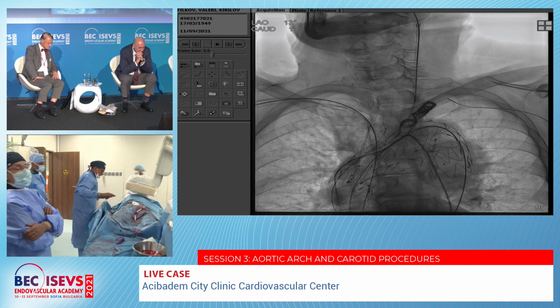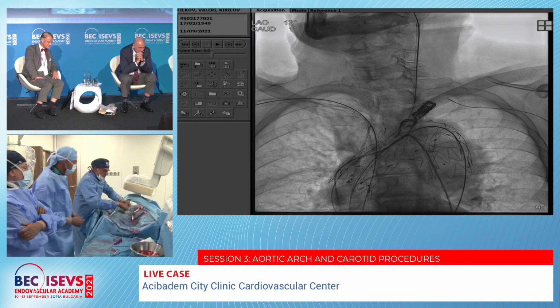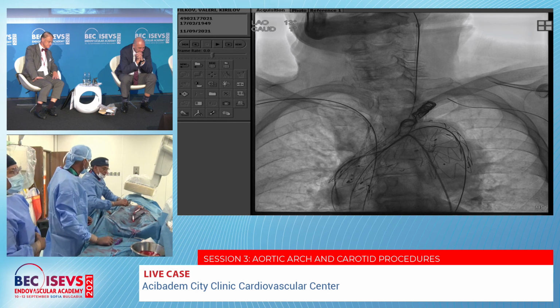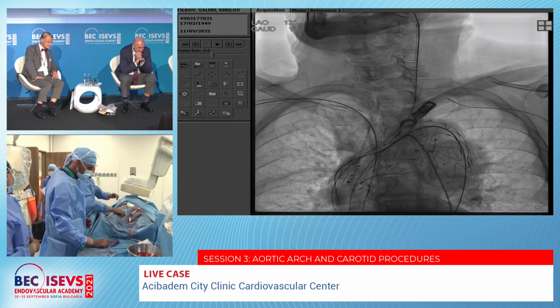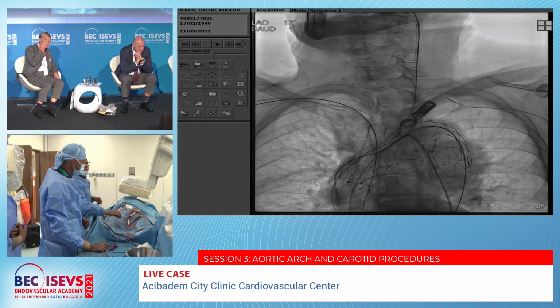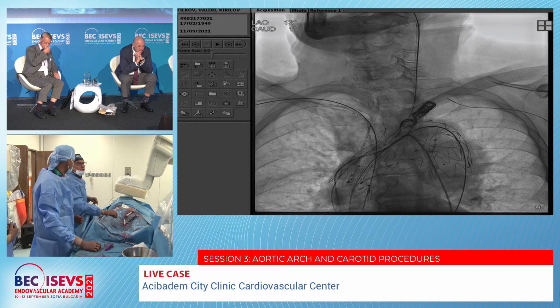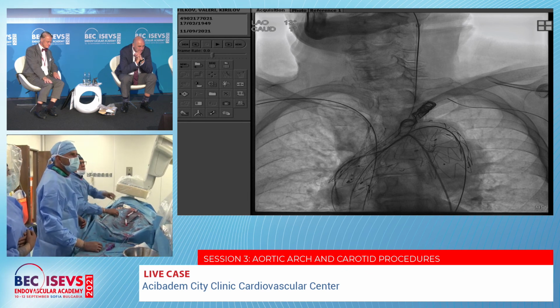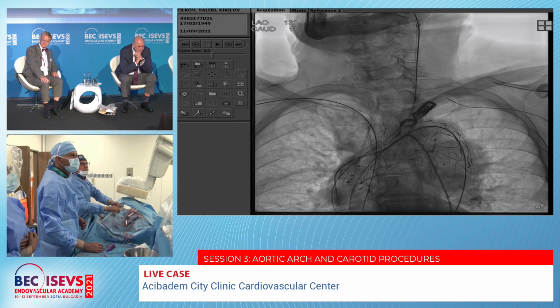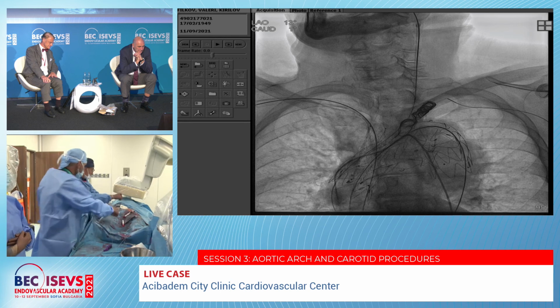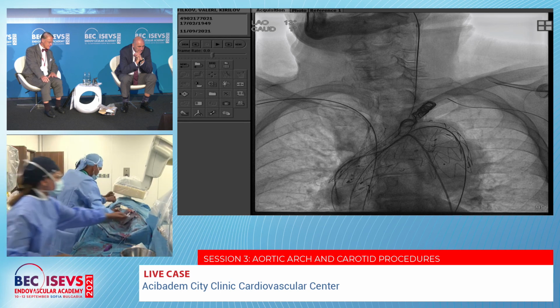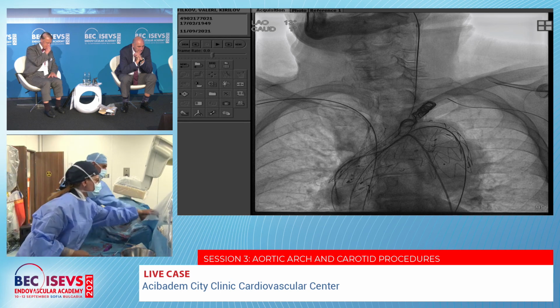And by the way, we can check the pressure. Okay, so this is the aorta. 97, 114, okay. And now I will measure the brachiocephalic trunk.